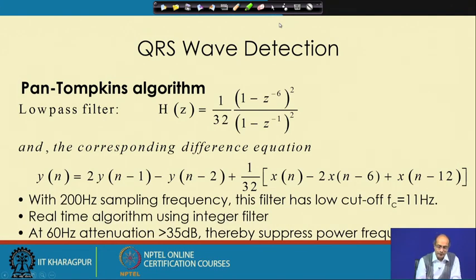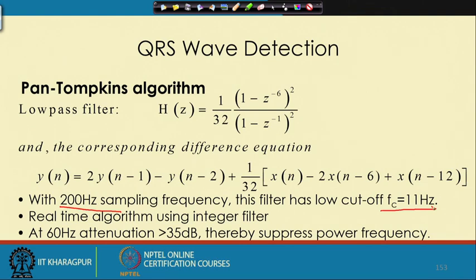They have taken the signal sampled at 200 Hertz sampling frequency, and for that this filter has a cutoff frequency of 11 Hertz. So, it has a very low cutoff, which means the maximum part of the signal and the noise, anything above 11 Hertz, will get eliminated.